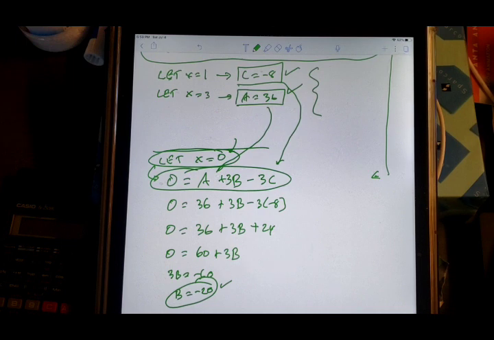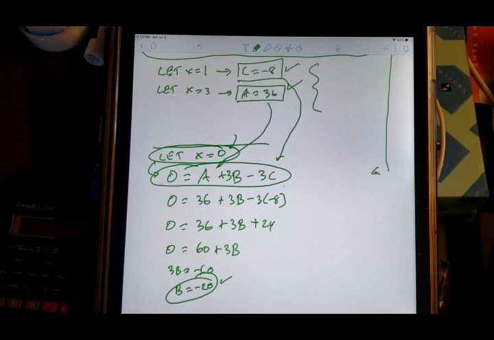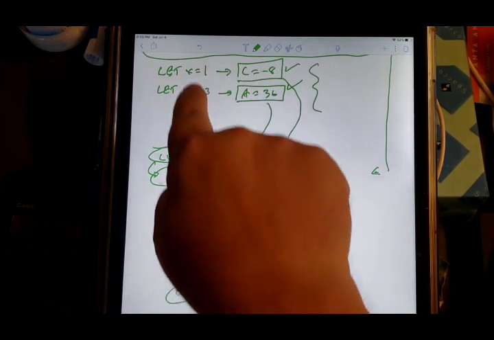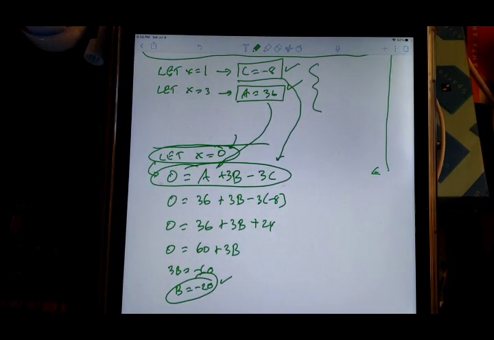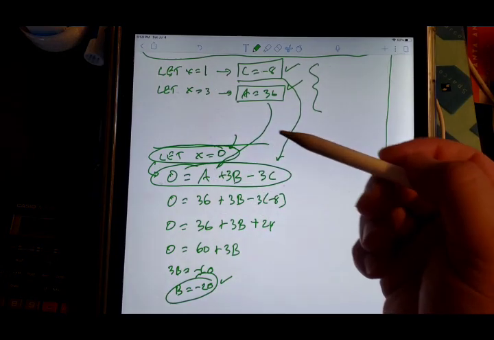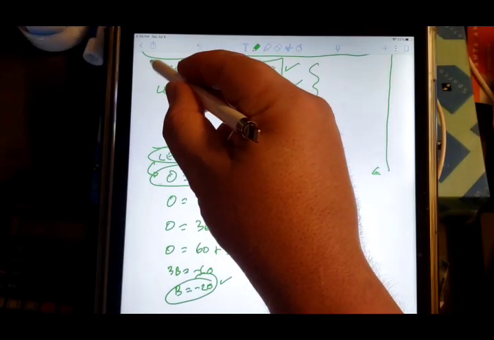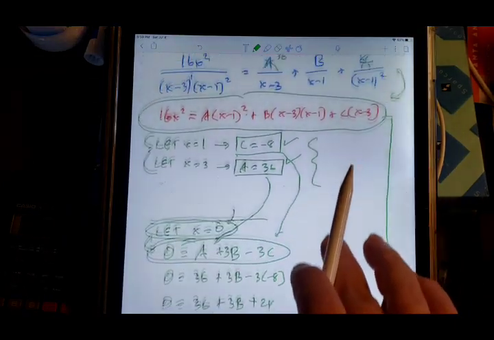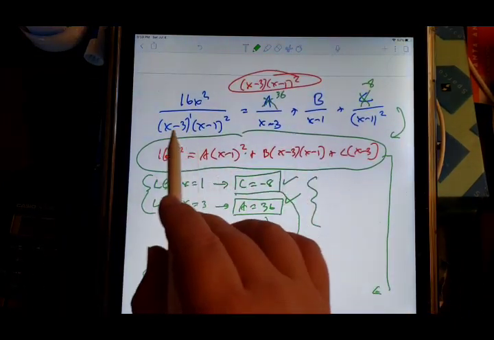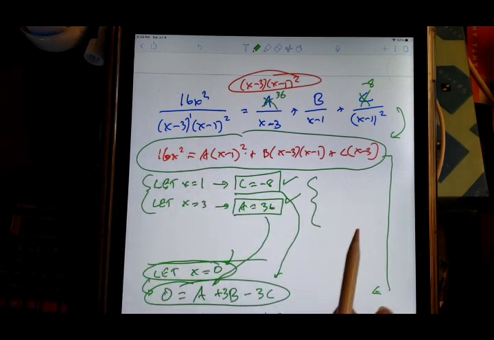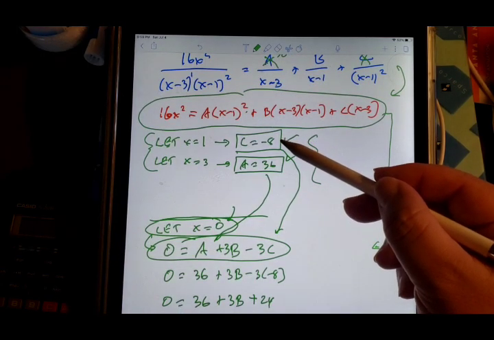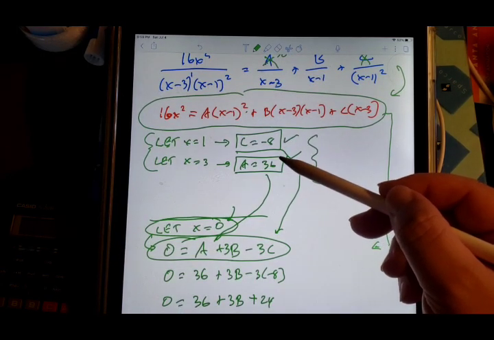So this technique really can save some time, where you're picking your x values. And if you are looking for 3 letters, A, B, and C, you'll need to pick 3 x values if you're going to do this. The more previously forbidden values that you have, the more times you're going to get the answer right away.